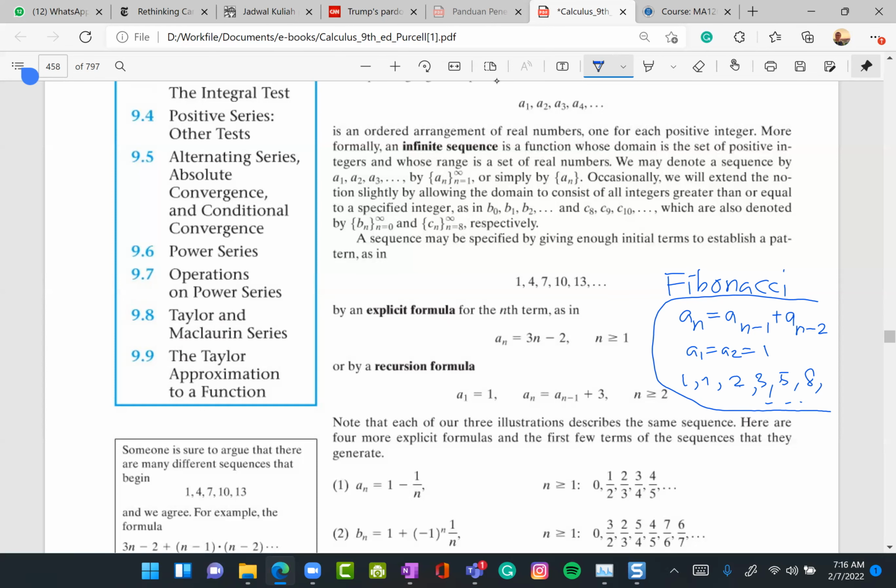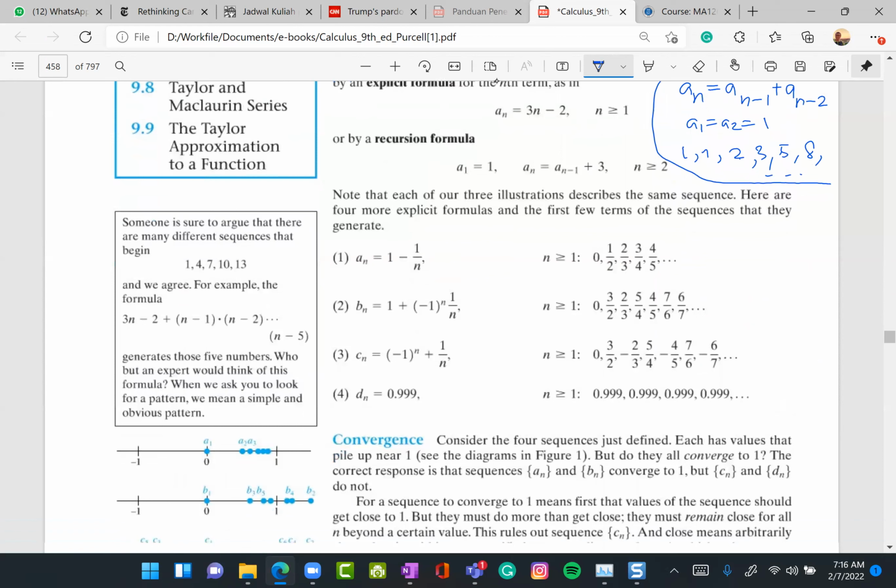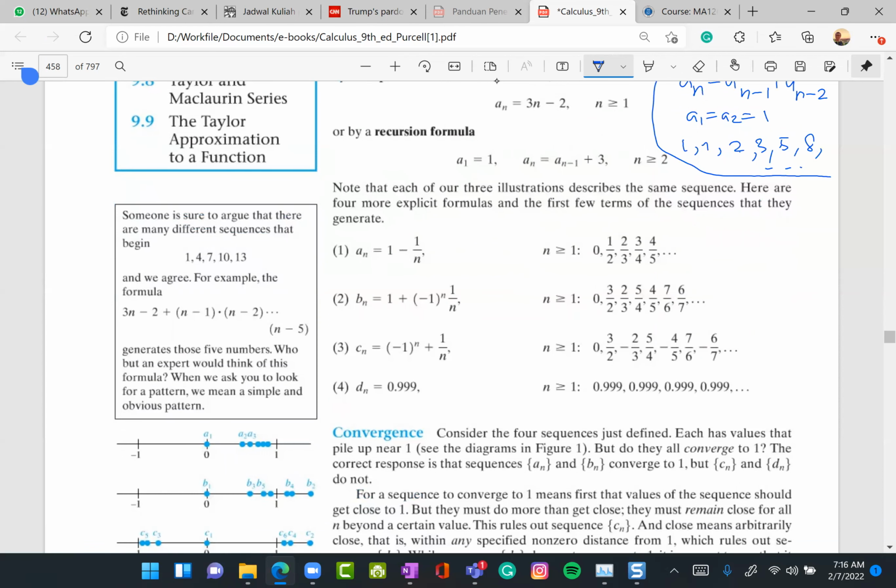Explicit formula, recursion. All right, so for example, this one is an explicit formula, 1 minus 1 over n. If you list a few terms, the first one is n equals 1, which gives you 0. For n equals 2, 1 minus 1 half, so you get 1 half.